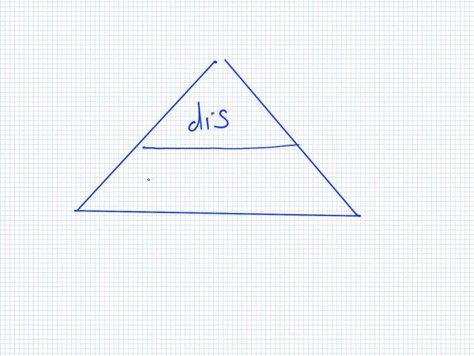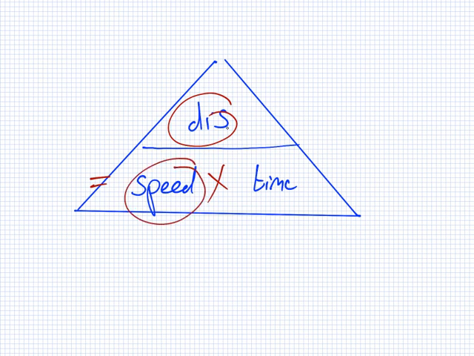Distance, speed, time. So if you want the distance, that's equal to the speed multiplied by the time. If you want the speed, that's equal to the distance divided by the time. And if you want the time, that's equal to the distance divided by the speed.